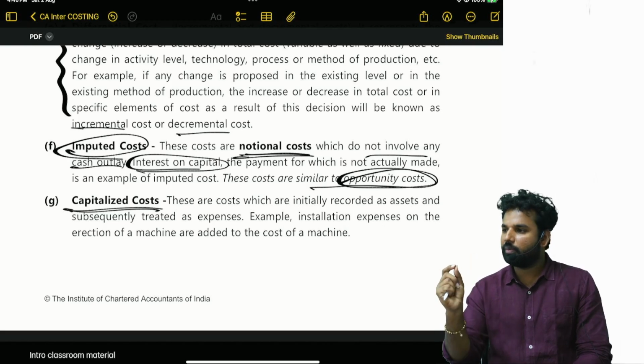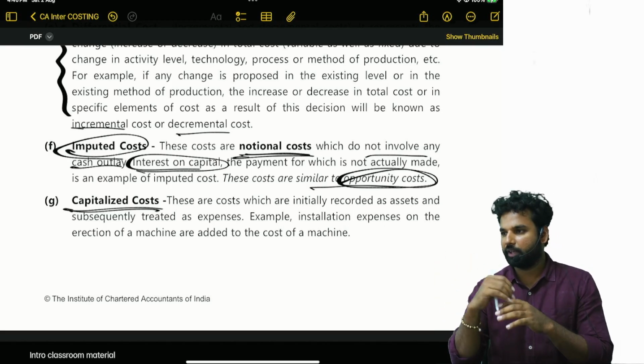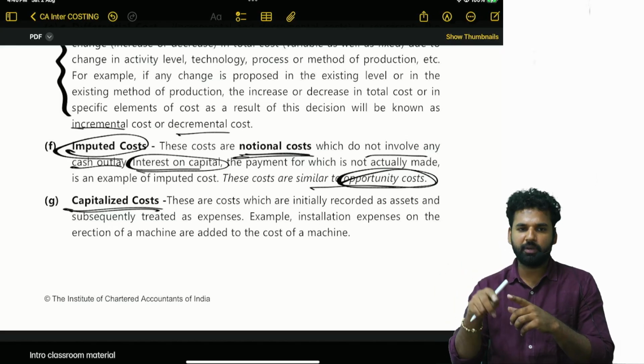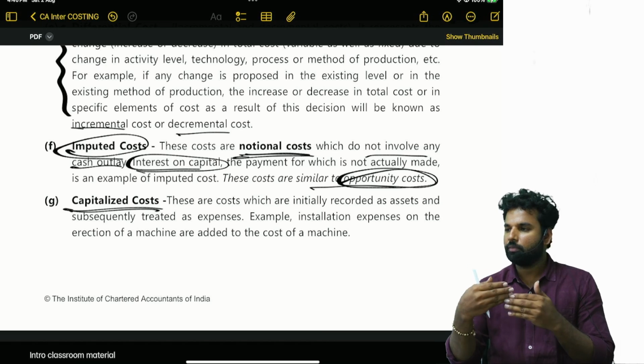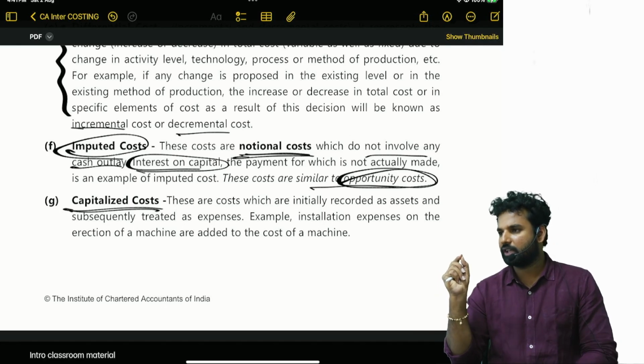So firstly there will be an initial cash outflow. Later on, what we will do? Depreciation or amortization. What is depreciation? Impairment of the assets, the value of the assets. Approximately, there is a life of the assets.